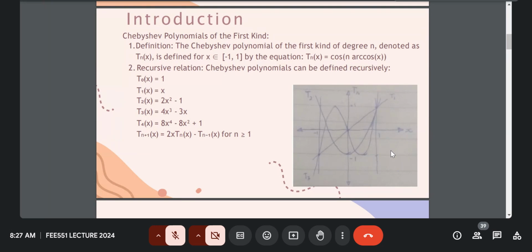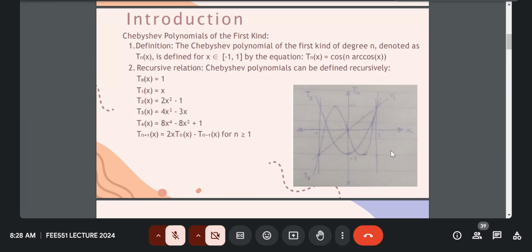So T0(x) is 1, T1(x) is x, and as you can see on the slide, Tn+1(x) at the bottom is equal to 2xTn(x) minus Tn-1(x) for n greater than 1. It is from these that T2, T3, and T4 can also be derived.